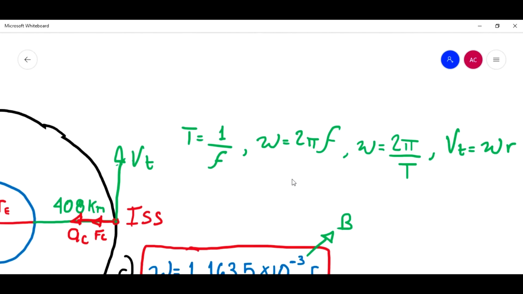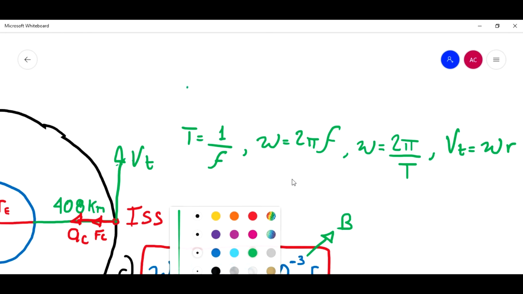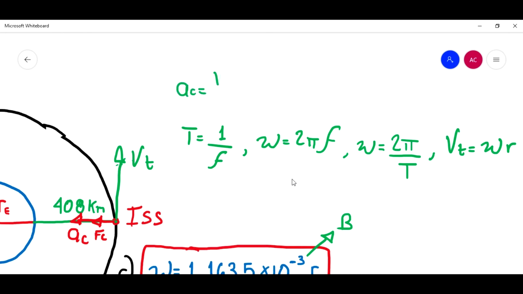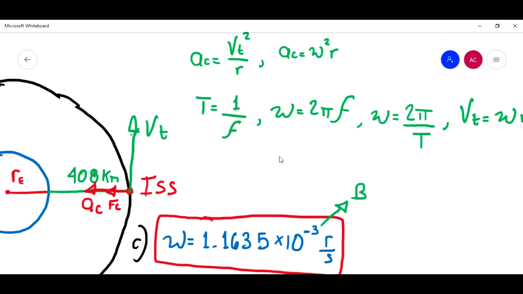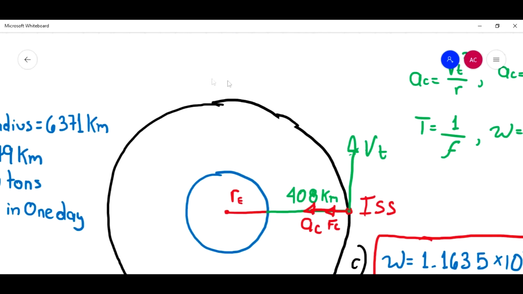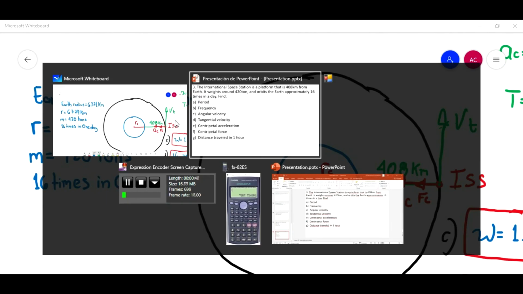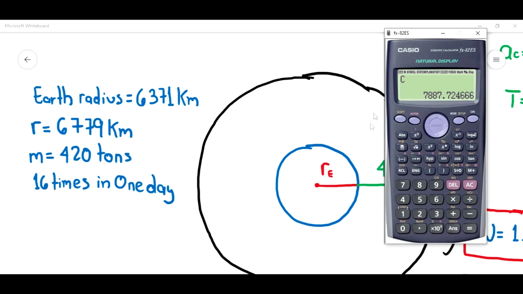So we got centripetal acceleration equals tangential velocity raised to the square over the radius, or centripetal acceleration equals the angular velocity raised to the square times the radius. So I'm gonna use this equation over here. Okay, so first, remember that the radius must be in meters, so let's do it.